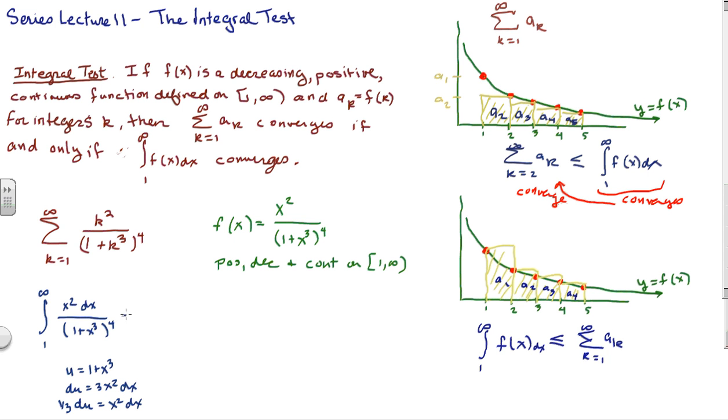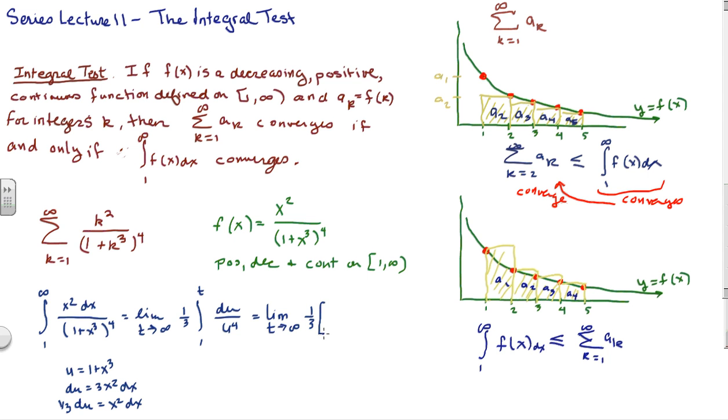So this is going to be the limit as t goes to infinity of 1/3 integral from 1 to t of du over u to the fourth, which is u to the negative fourth.